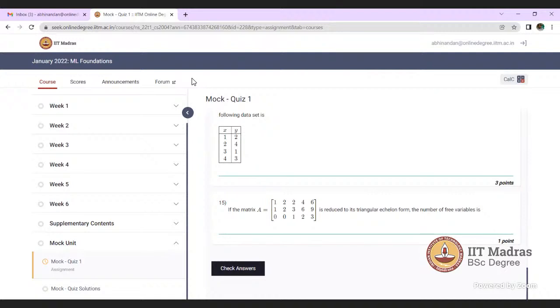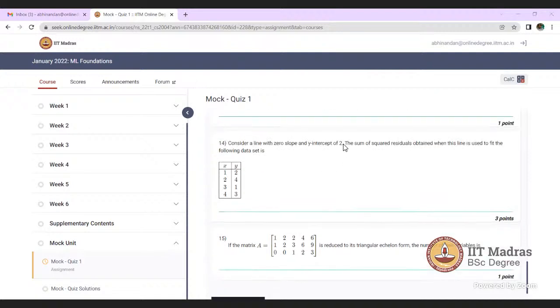Simple, right? For this, you are given a data set with x and y. Here x is your independent variable. y is your dependent variable for which we are going to find the model. You are given that the model is a line which has 0 slope and y-intercept equal to 2. So your line equation will be y = mx + c.